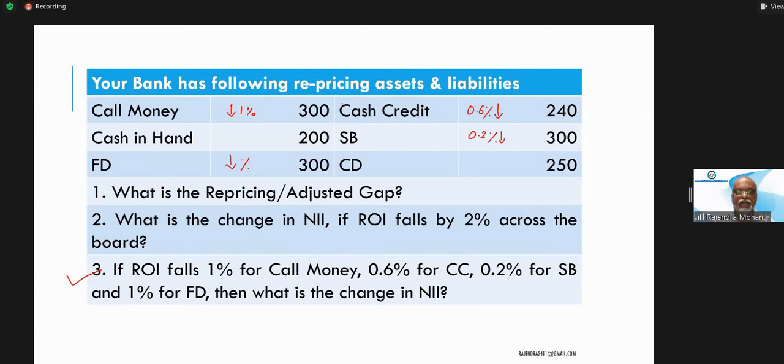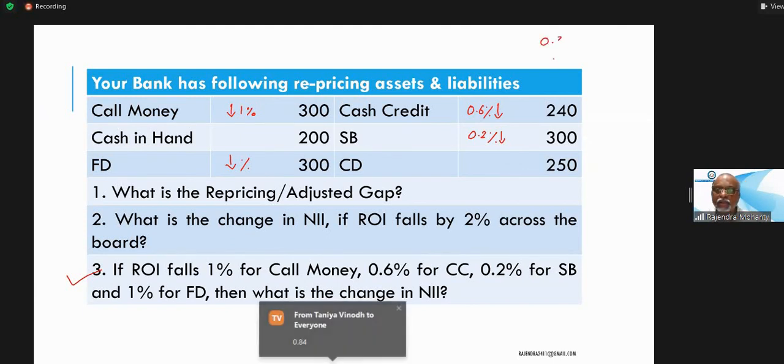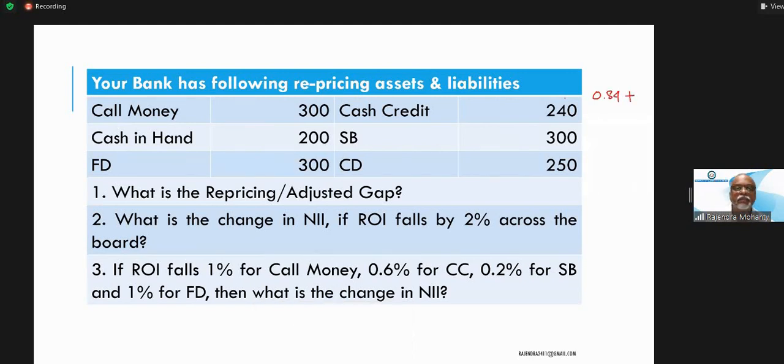Sangeeta has calculated 0.84 increase. Okay, we'll see that. Sangeeta has told 0.84, sorry. 0.84 increase. Somebody else has also replied. Tanya, 0.84 what?